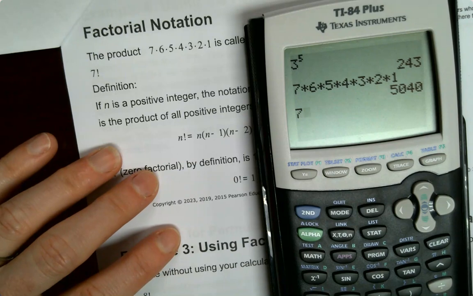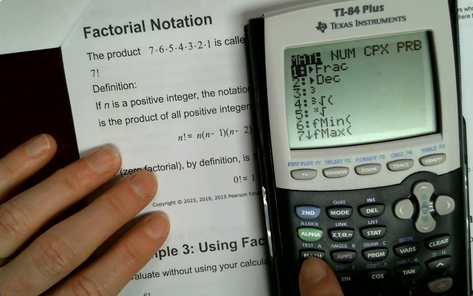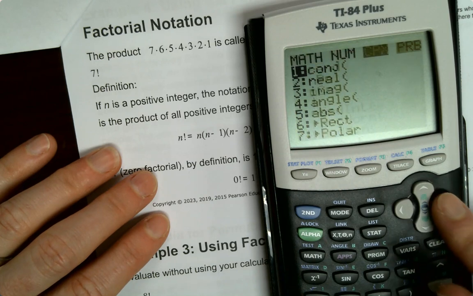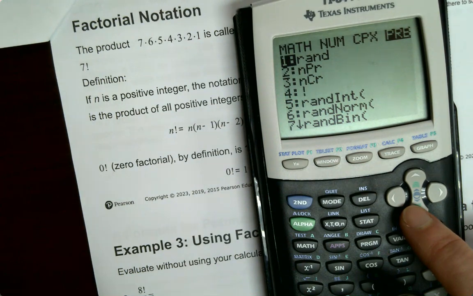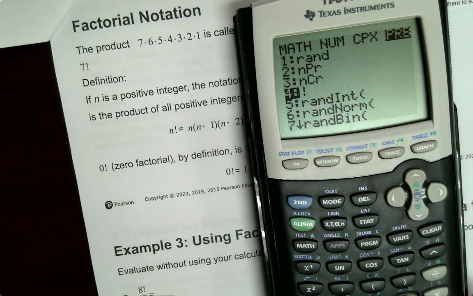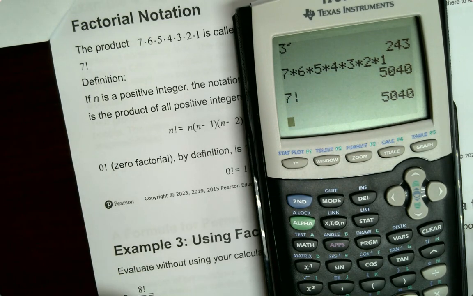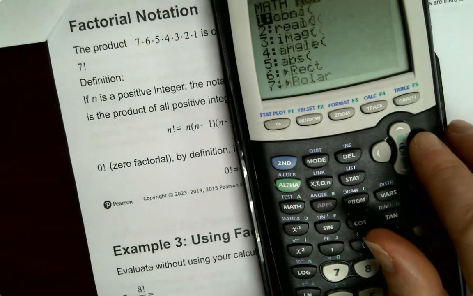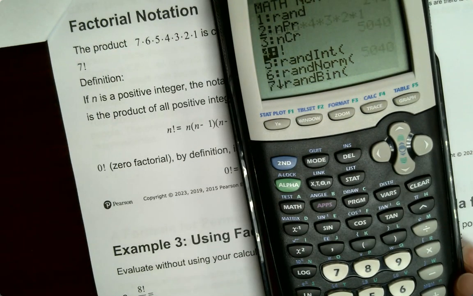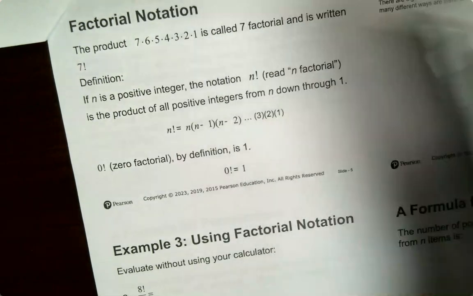If you have a calculator like mine, you can go to math, over to probability, and number 4. There might be an easier way to find it, but this is the way I use. See how it's 5,040? Same thing. 0 factorial is always 1.